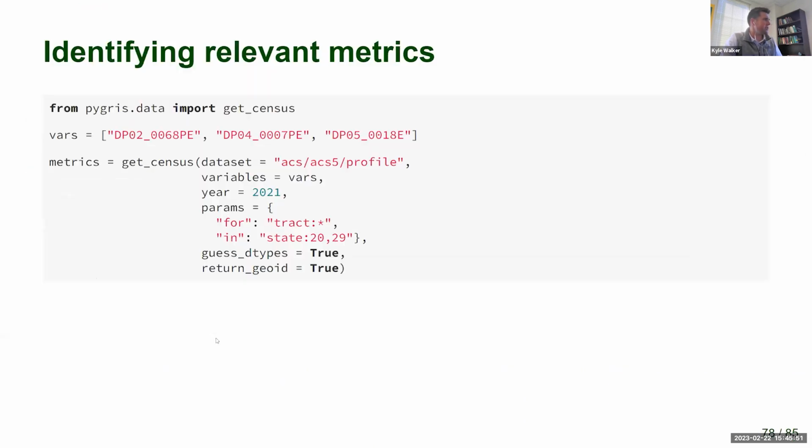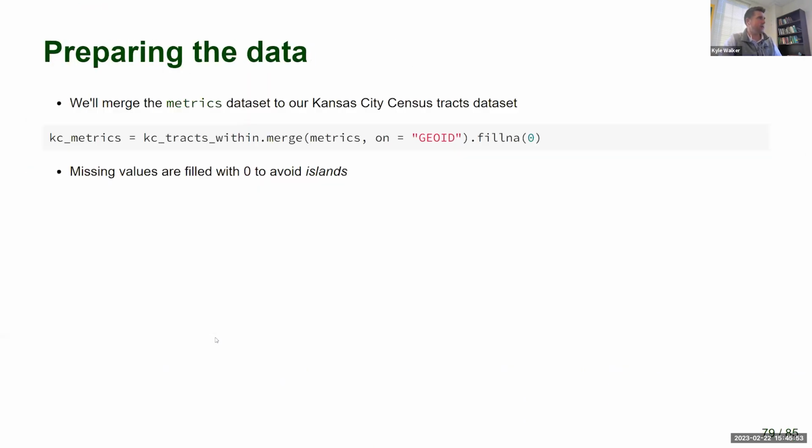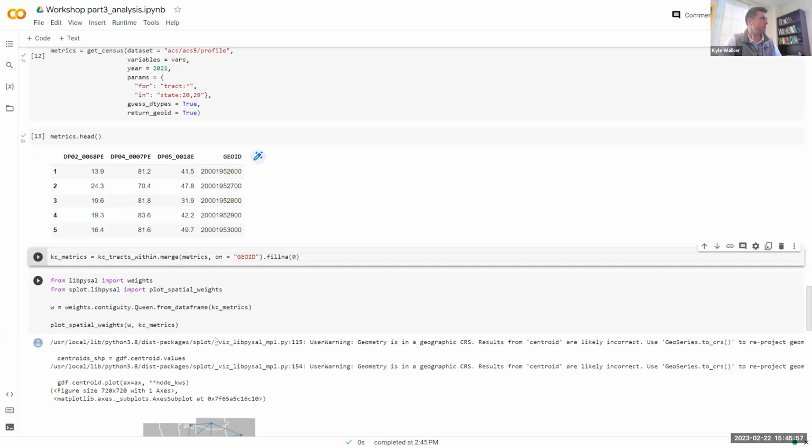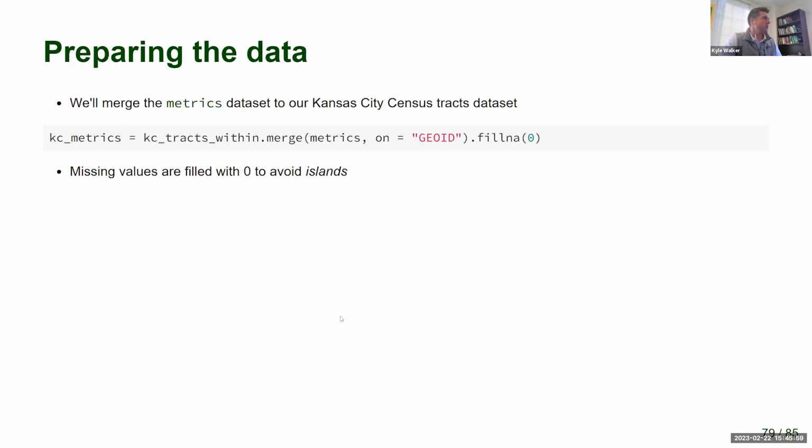I'm going to take an additional step here, and you'll notice how I parse this out. I'm going to do a little method chaining here. I'm going to take my Kansas City census tracts, and merge to it my metrics on the GeoID column. I'm going to take a step here that is helpful for illustration.